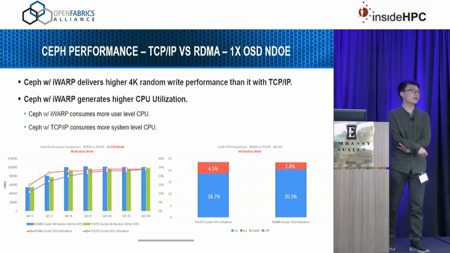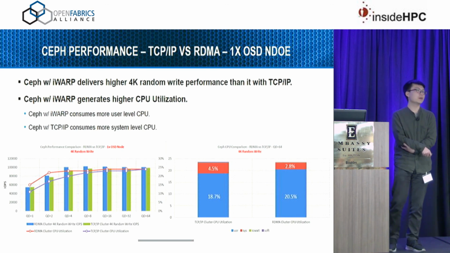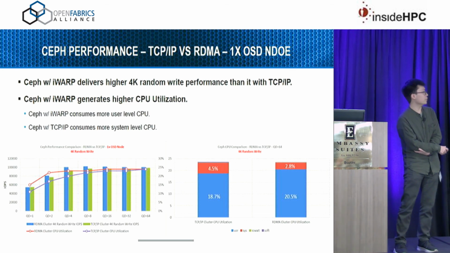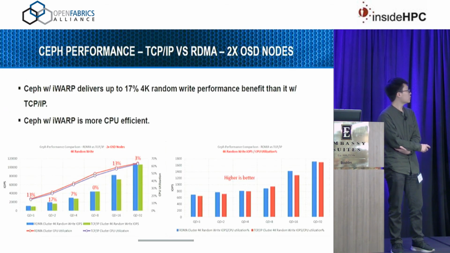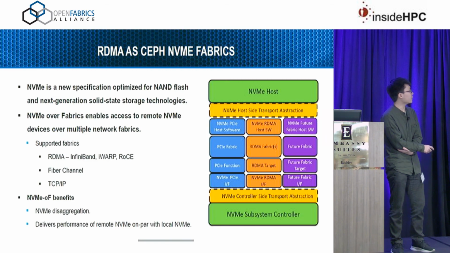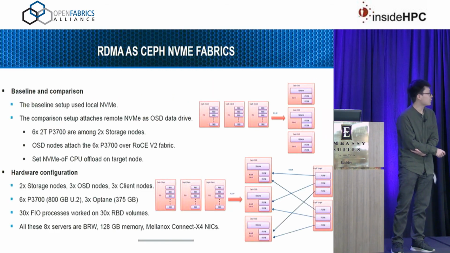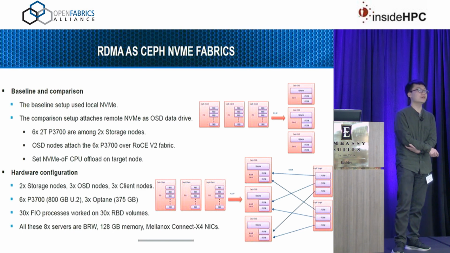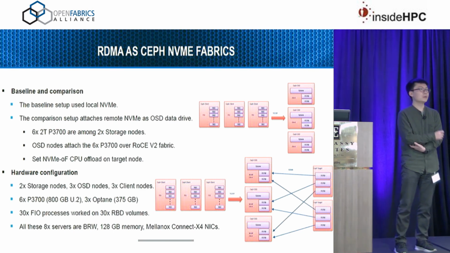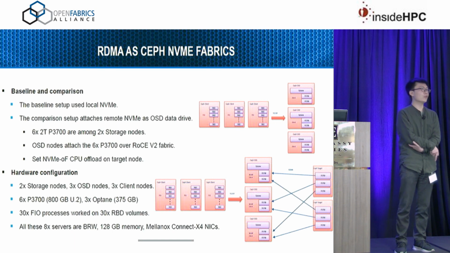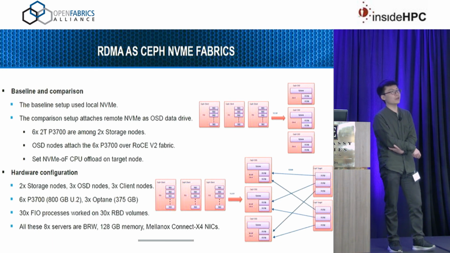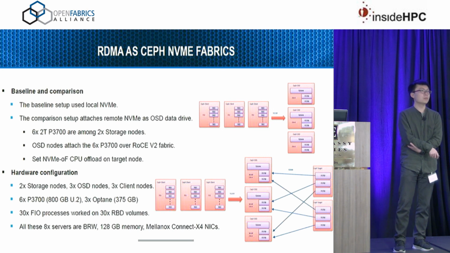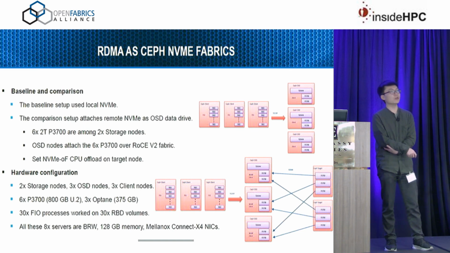We use the Intel X722 as the RDMA NIC. When we test Ceph with NVMe-oF, we use Mellanox ConnectX-4 as the RDMA NIC. For Ceph with RDMA, we implemented the RDMA networking library for the Intel iWARP protocol. But I suppose it can also run on the Mellanox ConnectX-4 NIC, I think.